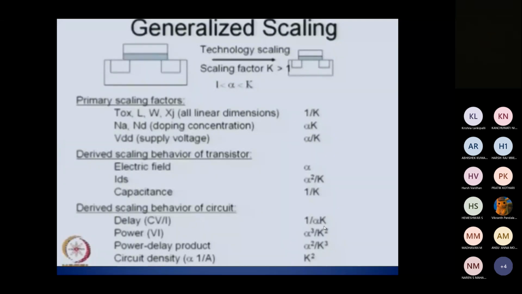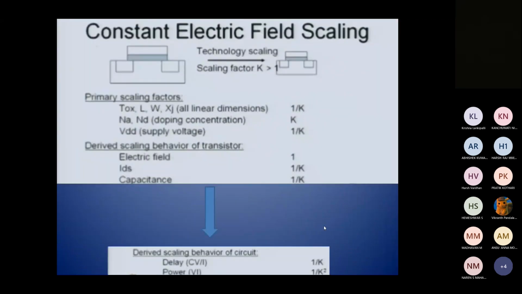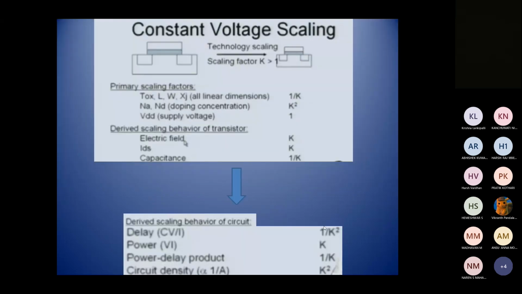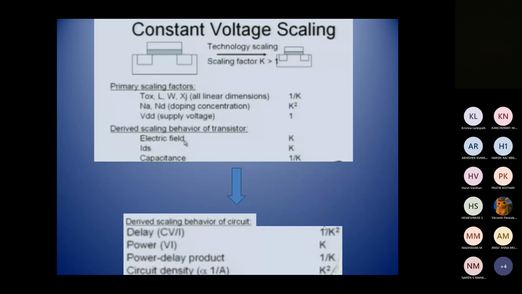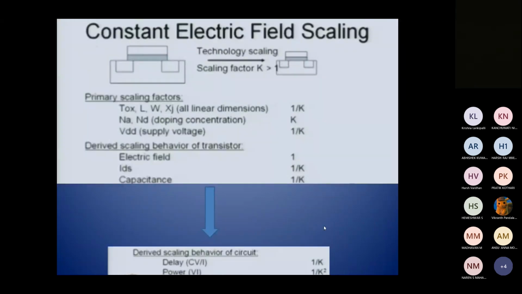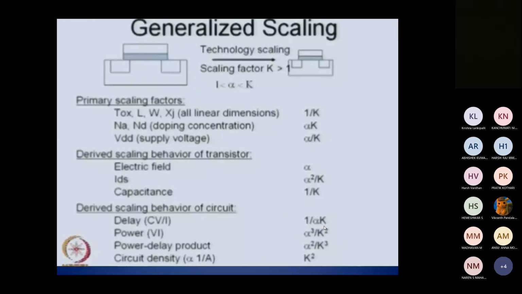And you should know what the terms and conditions are for constant electric field scaling, what the terms and conditions are for constant voltage scaling, and what the terms and conditions are for general scaling. You should understand the difference between them.